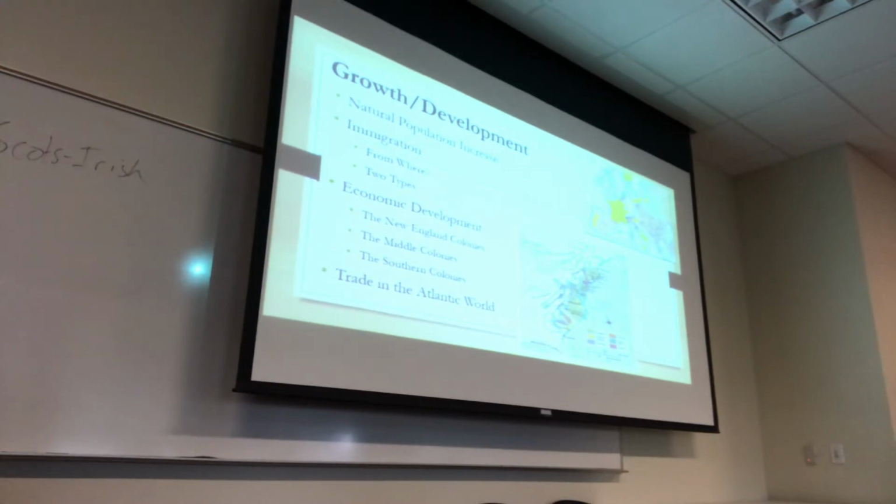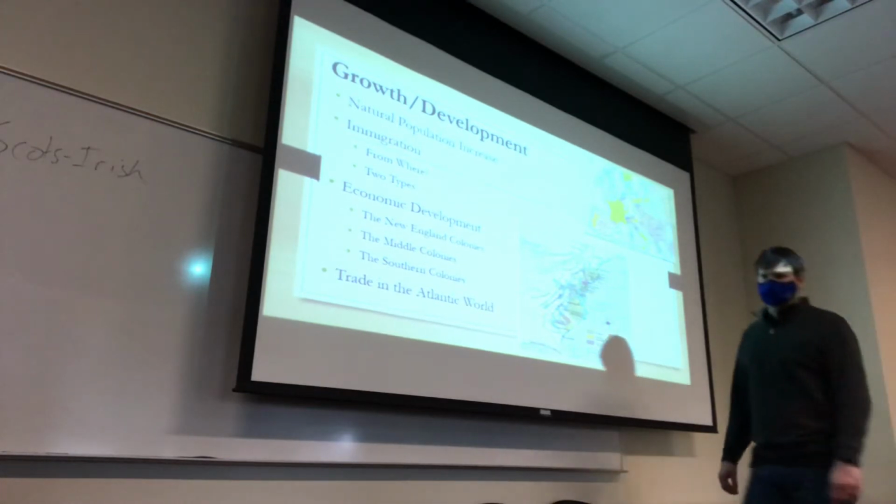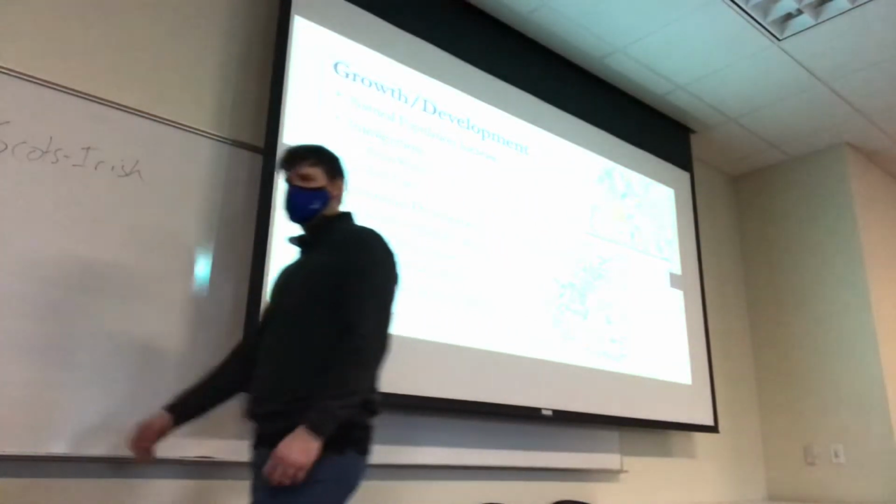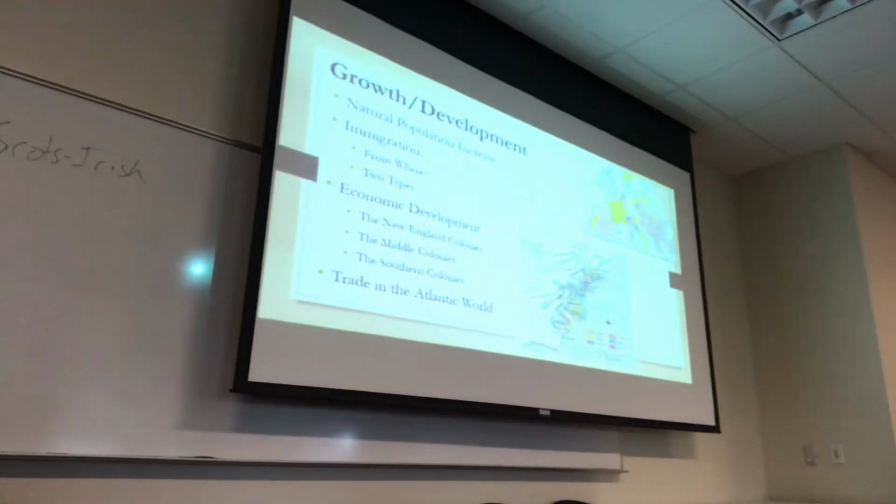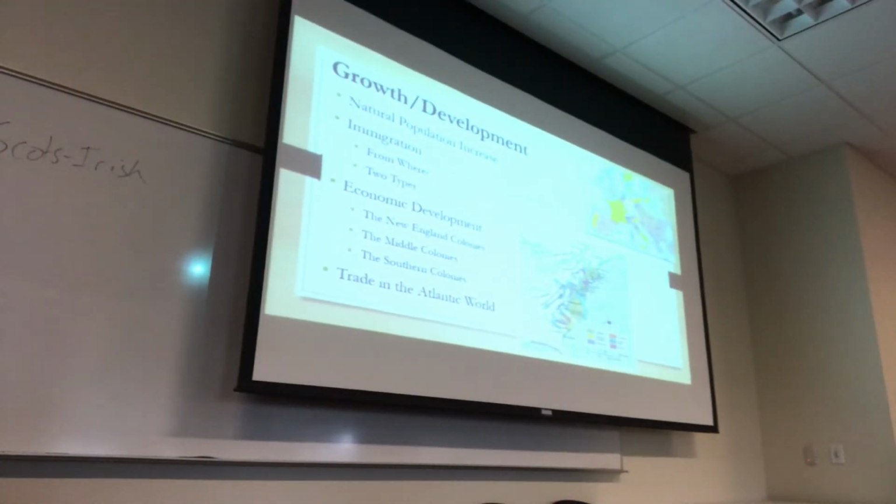Further south, the middle colonies like New York and Pennsylvania, somewhat of the same, commercial development, growth of cities, but also agricultural production in the form of wheat. And then in the southern colonies, of course, it's all about chattel slavery and cash crops and exporting tobacco and rice, which would be among the most valuable goods traded in the so-called Atlantic world.